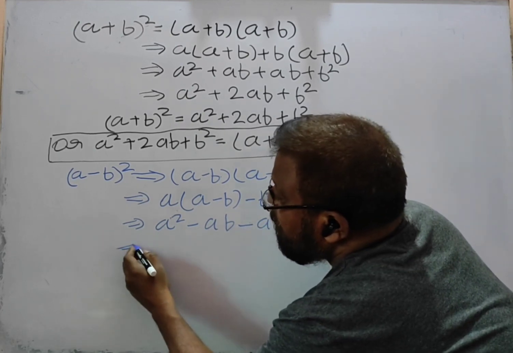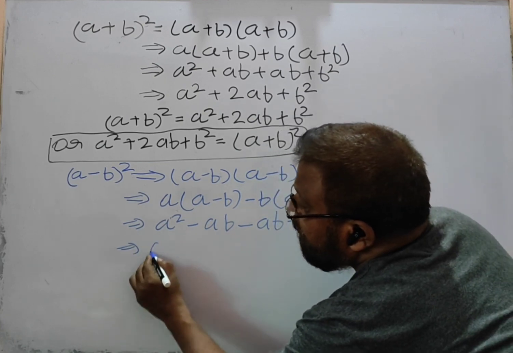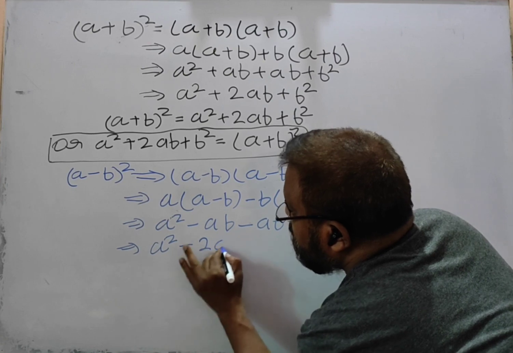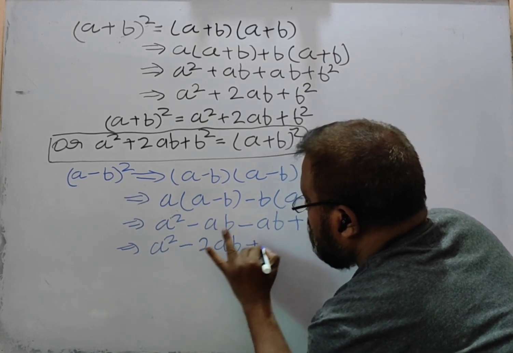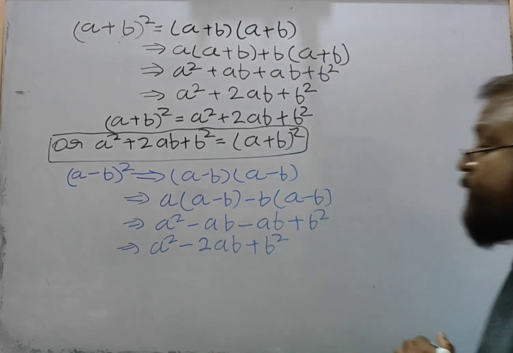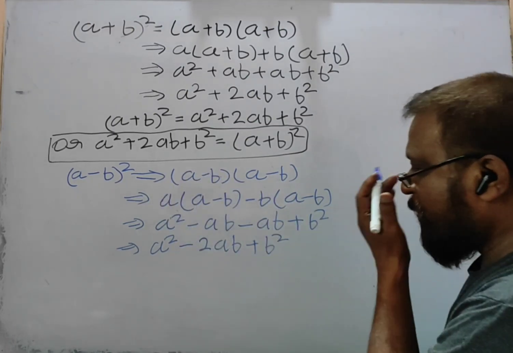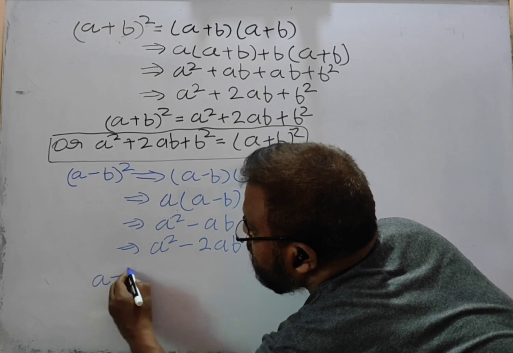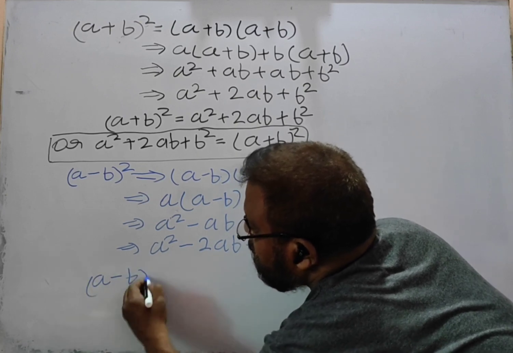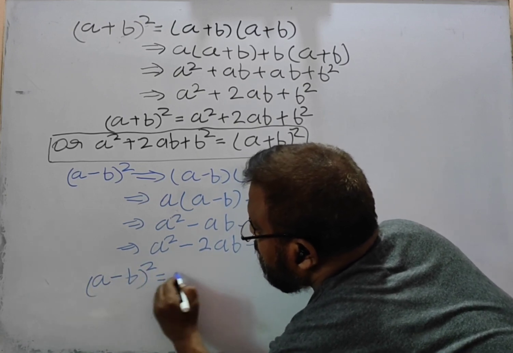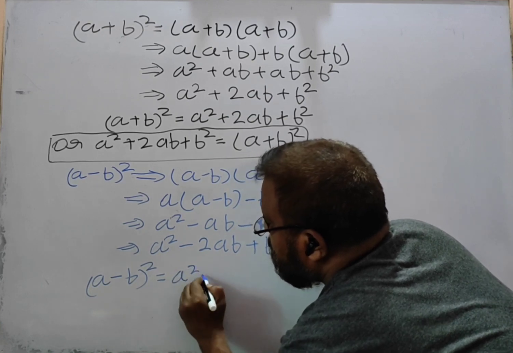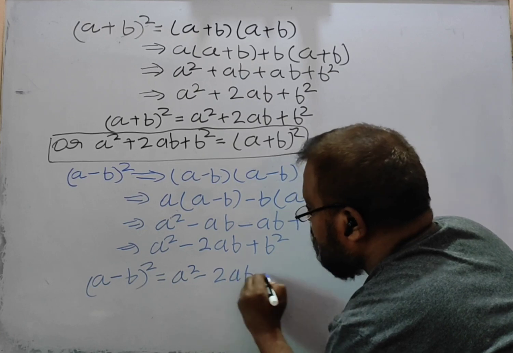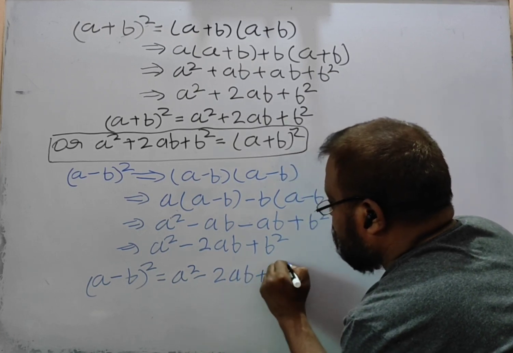So now we can write it a square minus 2ab plus b square, right? So our identity is a minus b whole square is a square minus 2ab plus b square, right?